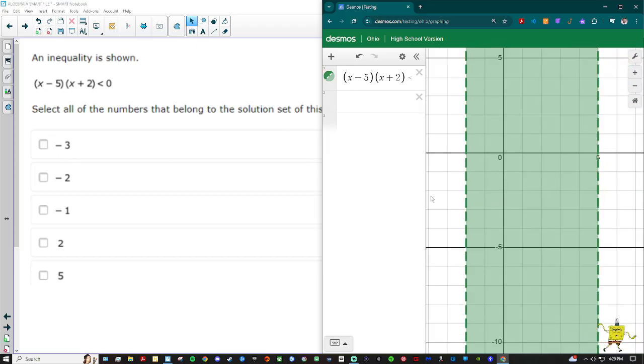let's see, -3. That's right here. -3 is not in the shaded region, so -3 is not a solution. -2 is on the dotted line, and if you remember, dotted lines do not count. So this is a no-go. -1 is in the shaded region.